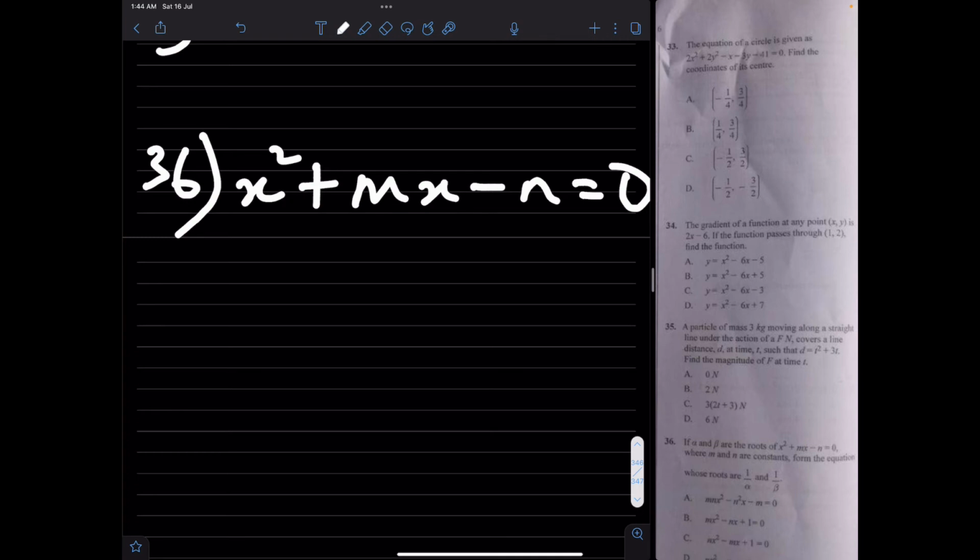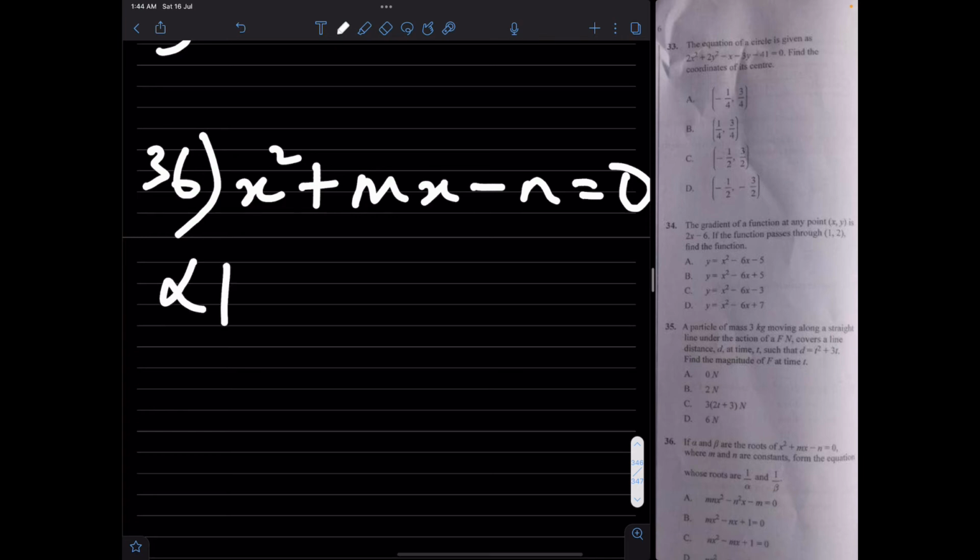I'll take that again. If alpha and beta are the roots of x squared plus mx minus n equals 0, where m and n are constants, form the equation whose roots are 1 over alpha and 1 over beta.